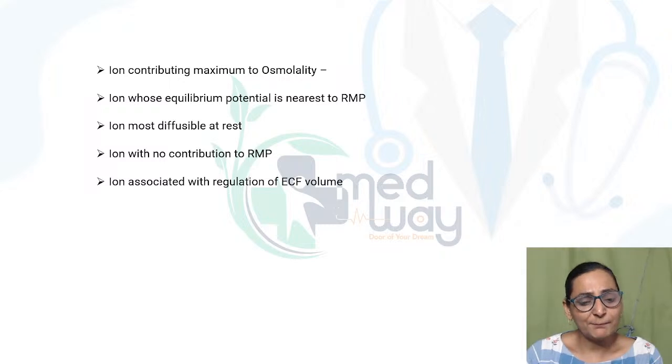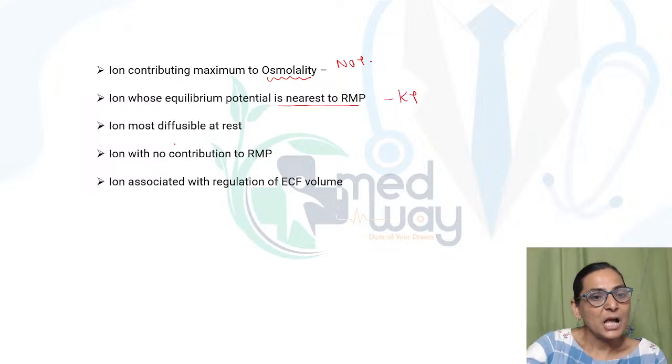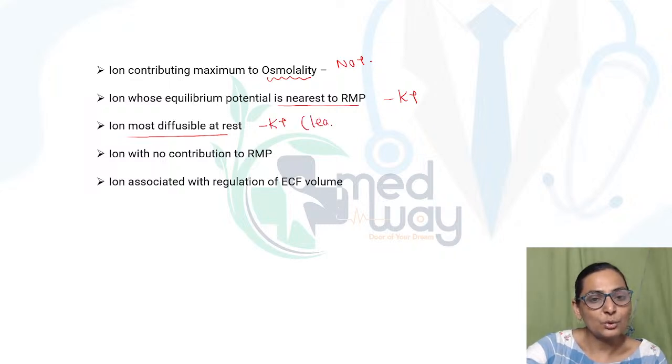Now, a few very important simple one-liners. Ion which is contributing maximum to osmolarity: sodium. Ion whose equilibrium potential is closest to RMP: potassium. Ion which is most diffusible at rest: potassium. Remember the role of the leaky channels.